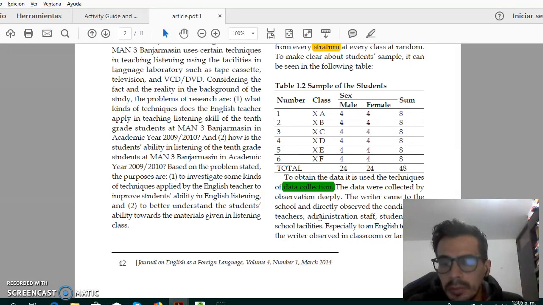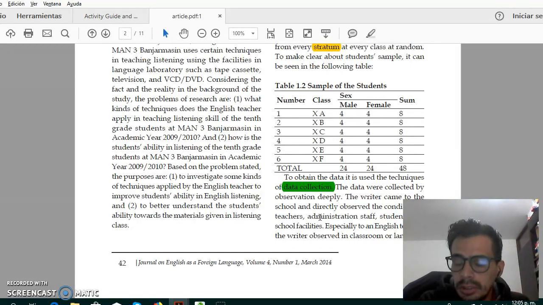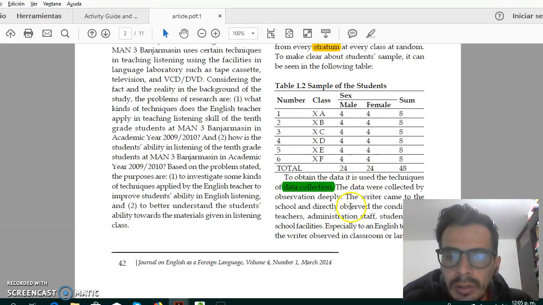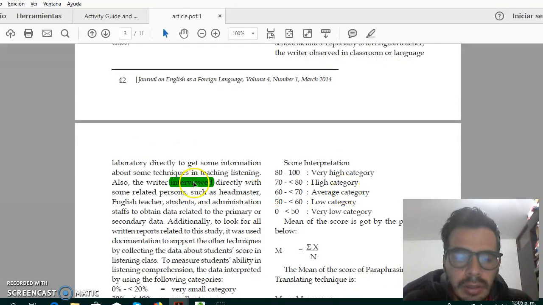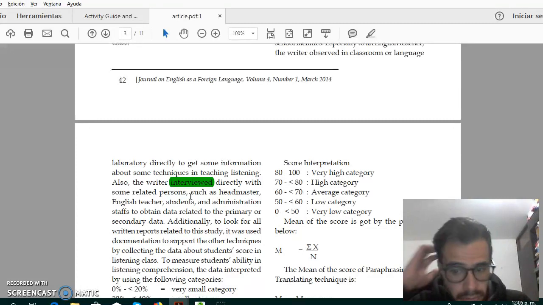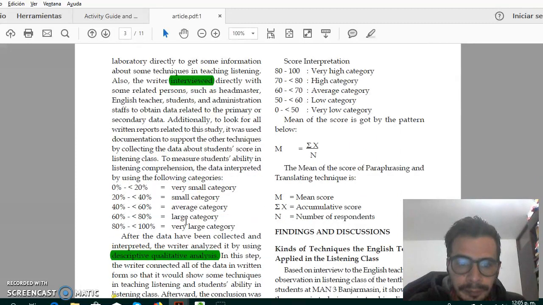She went to the laboratory and observed all the process. The researcher also did some interviews. This is another technique.